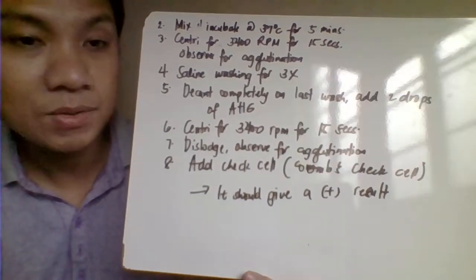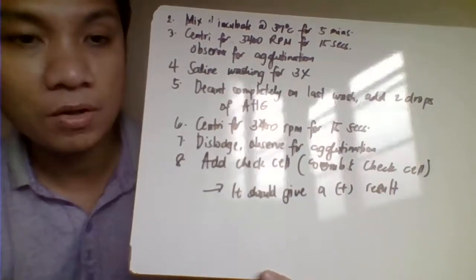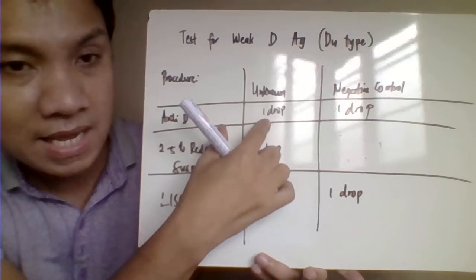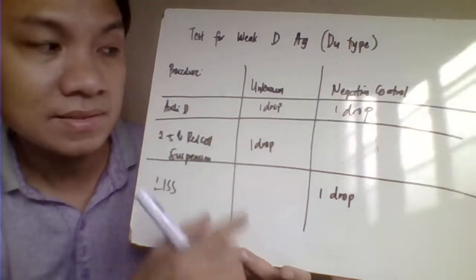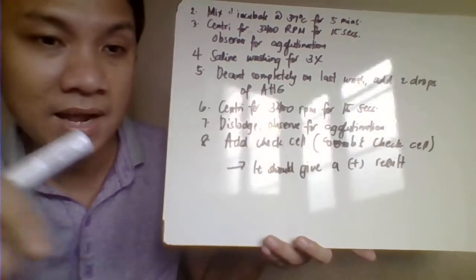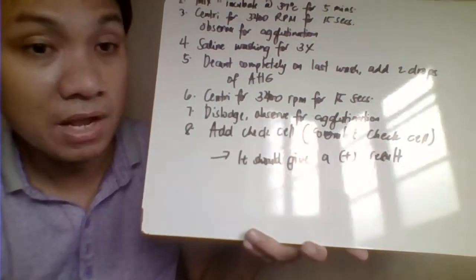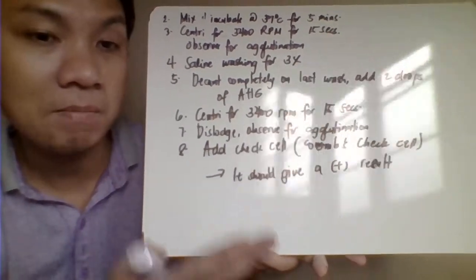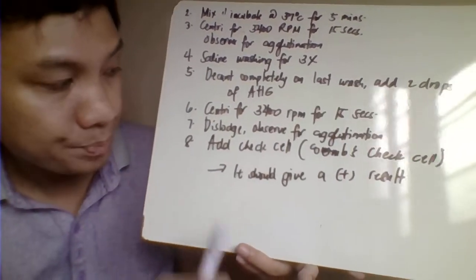After your 3 washes, add 2 drops of your anti-human globulin. To remember, if your red cell has a weak D antigen, since you added anti-D, it could be enhanced by addition of our anti-human globulin. Iko-cross bridge niya, so magko-combine sila and therefore we should see an agglutination reaction by enhancing that one with the addition of your anti-human globulin.